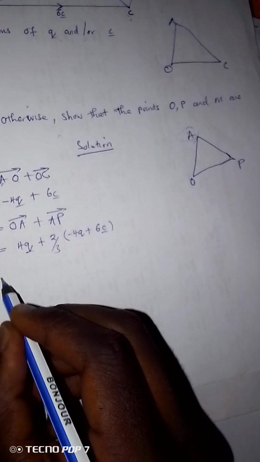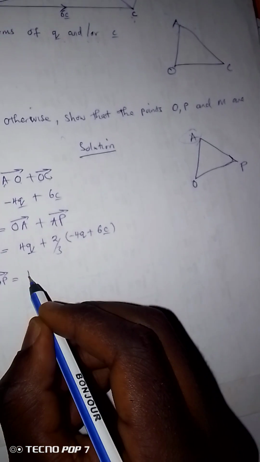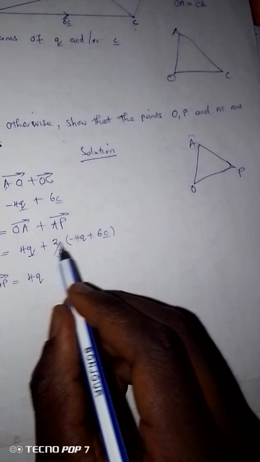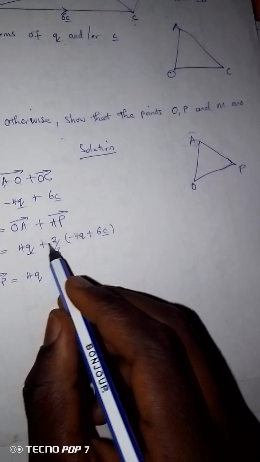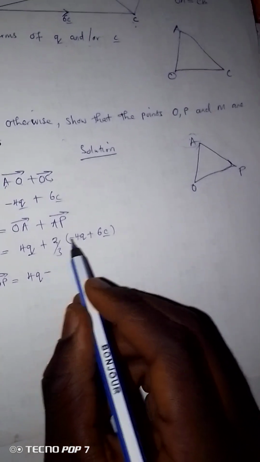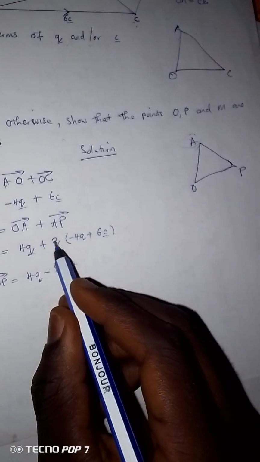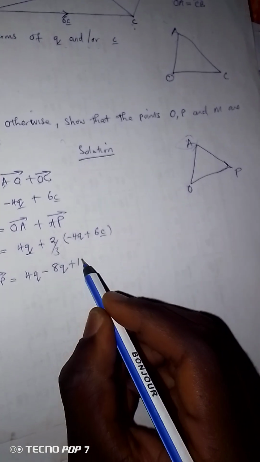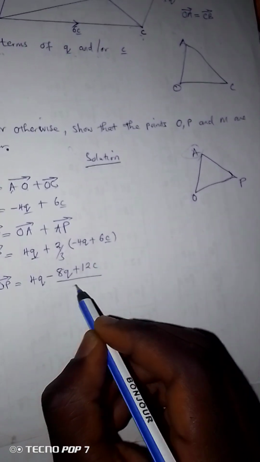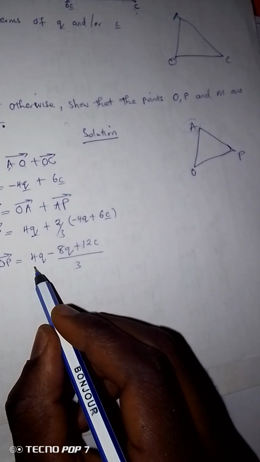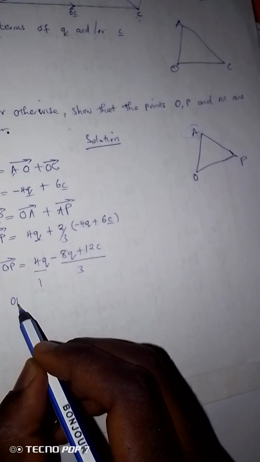So OP will be 4Q, then you multiply 2 by negative 4Q, that's negative 8Q, plus 2 by 6C, that's 12C, over 3. Then you balance the fraction like this.